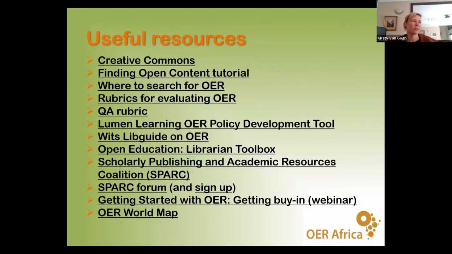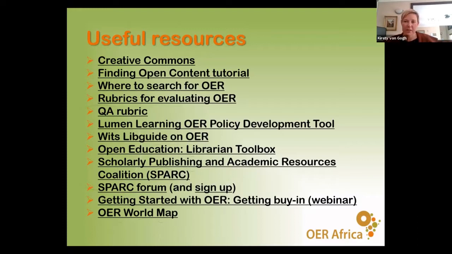And then my last slide is just the useful resources. There's the Creative Commons website, which lists the licenses, the Finding Open Content tutorial, and I've got information on searching for OERs, rubrics for evaluating OERs, a quality assurance rubric, the policy development tool, the WITS LibGuide, a librarian toolbox on open education.